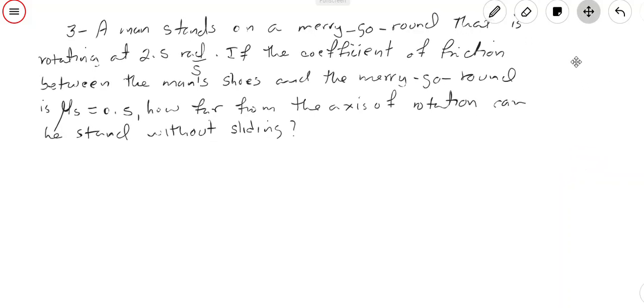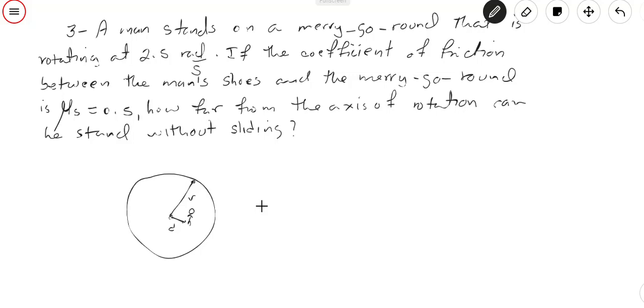So basically, if we make a diagram of the problem, we have the merry-go-round here, which has some radius, of course, right? And I have the guy standing at a position d from the center of rotation.